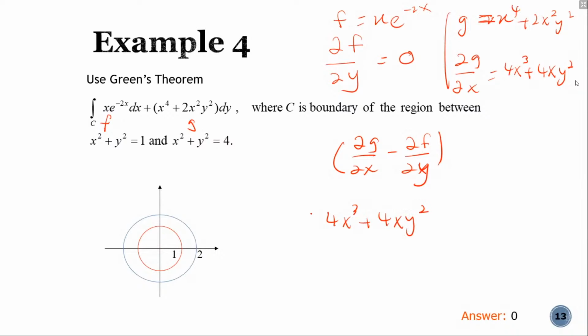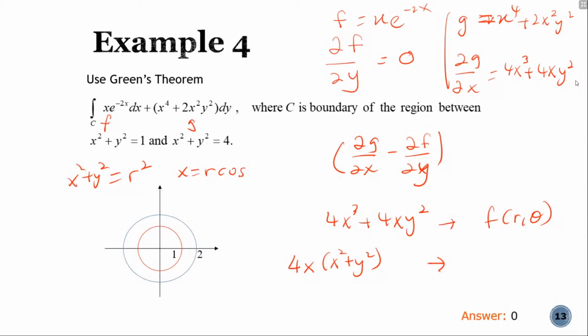Because this is part of a circle, you change it into a function of r and theta. And we know already that x squared plus y squared equals r squared. So this function can be put as 4x times x squared plus y squared, which in r theta form, we know also that x is r cos theta.